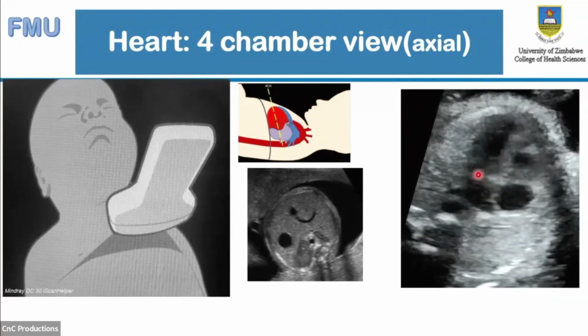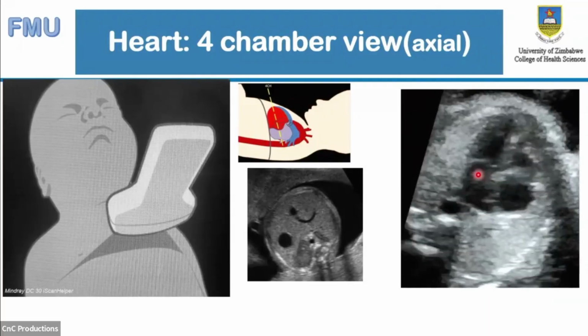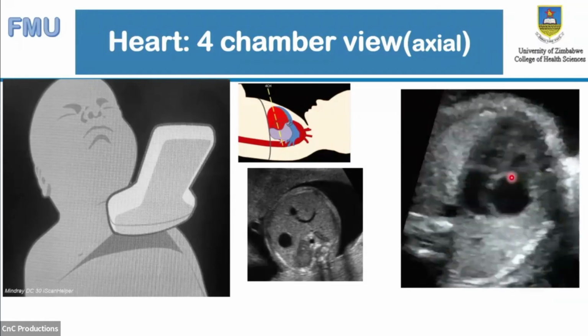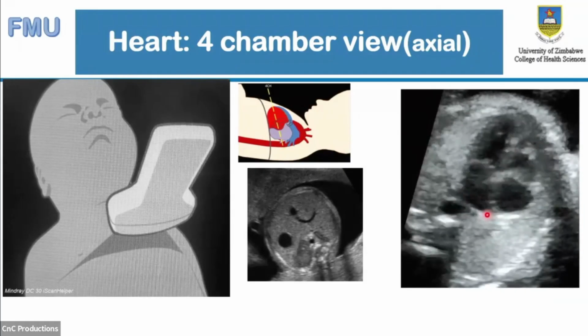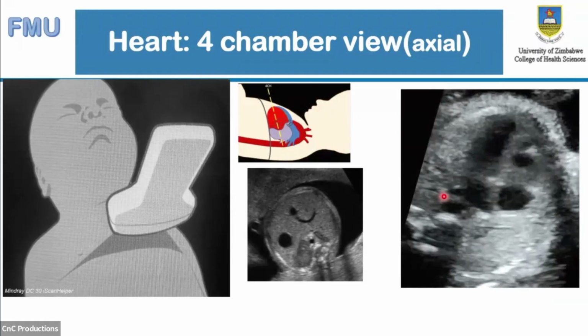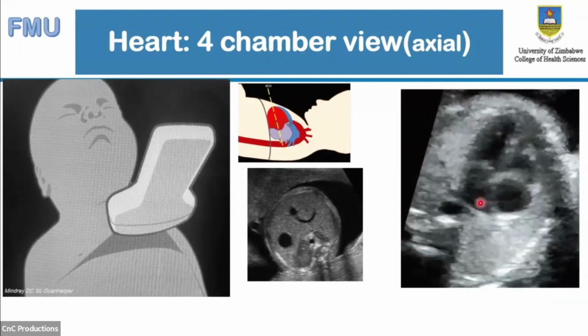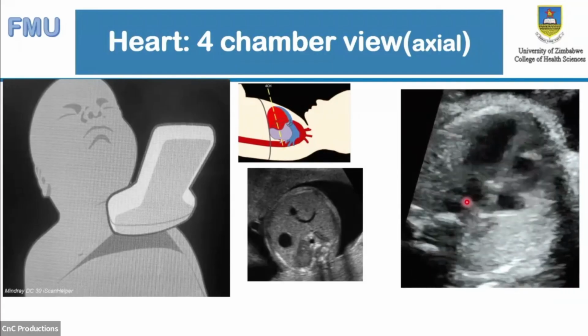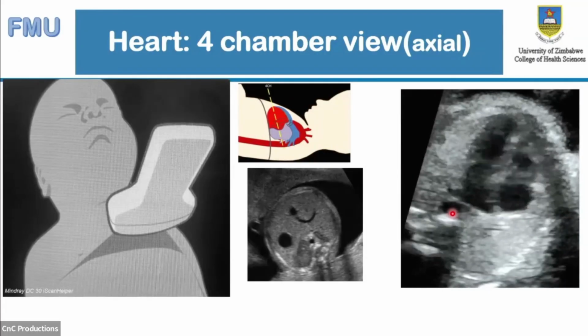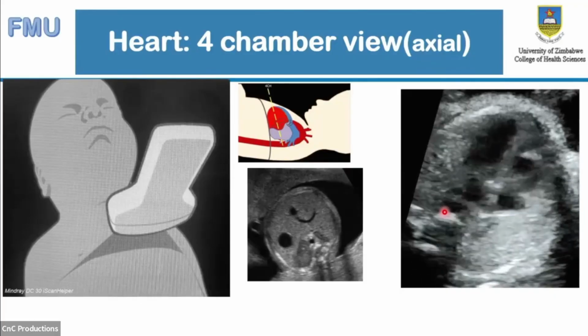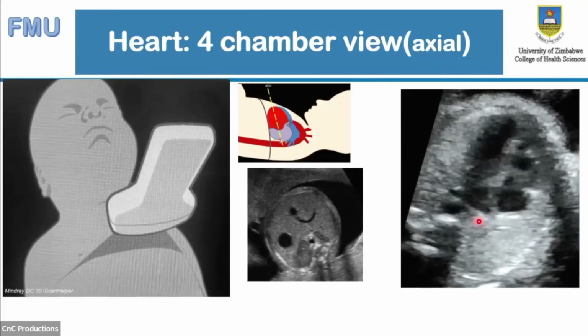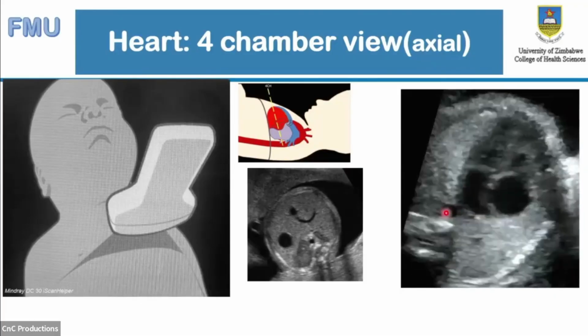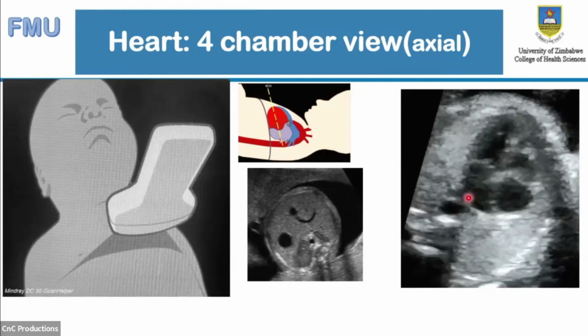If they are at the same level, there's a possibility that there might be a ventricular septal defect. Then we also have to see the pulmonary veins entering into the left atrium with the aorta below, and the aorta should be more on the left. So there shouldn't be any vessels between this aorta and the pulmonary veins.